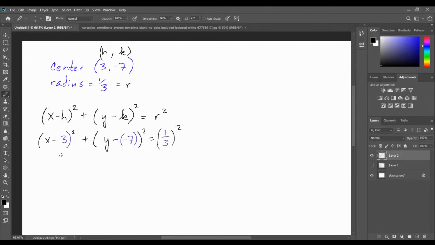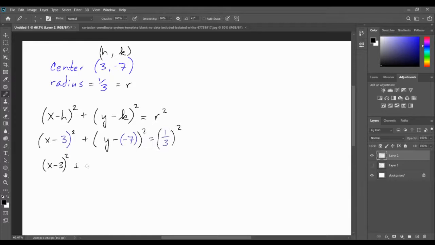So x minus 3, I can leave it. You'll see what they gave us was a multiple choice answer, and they want the full equation. So there's nothing I need to do here. I can just leave that x minus 3 quantity squared.